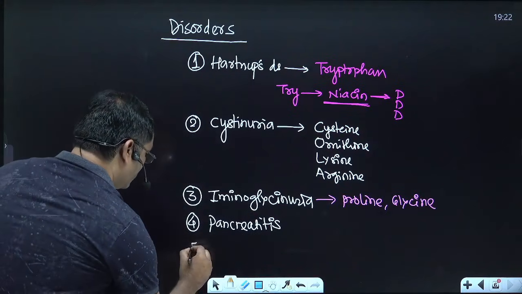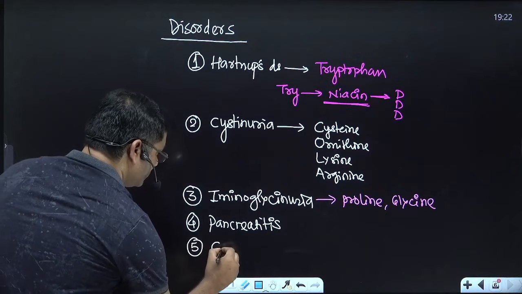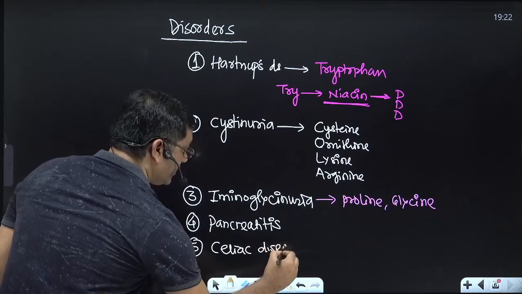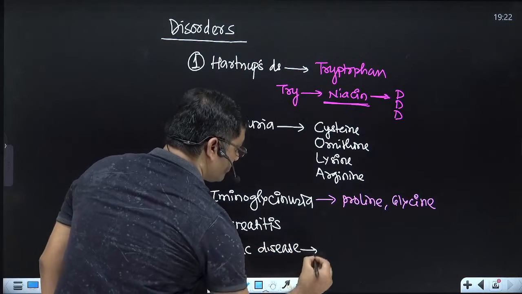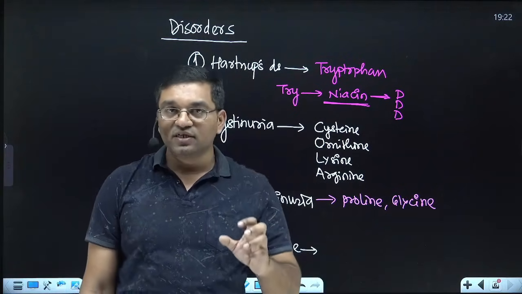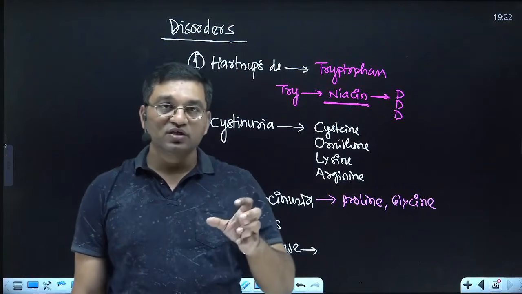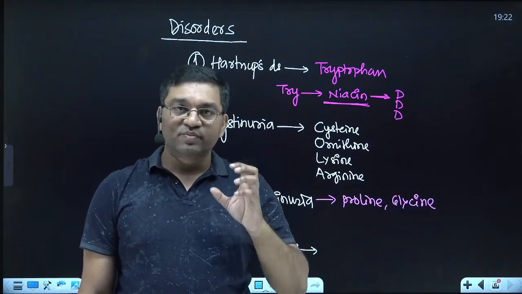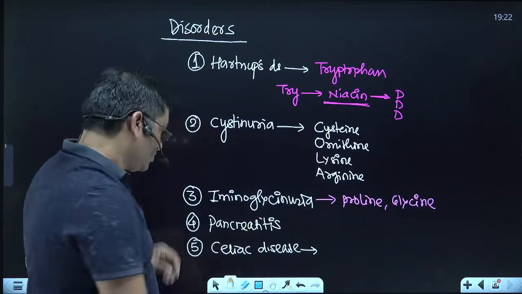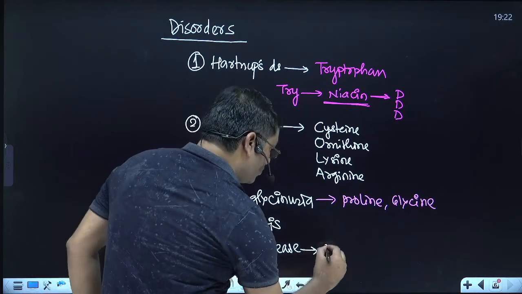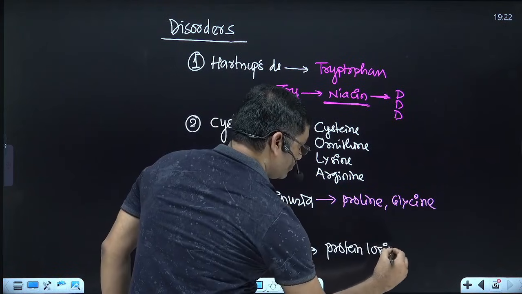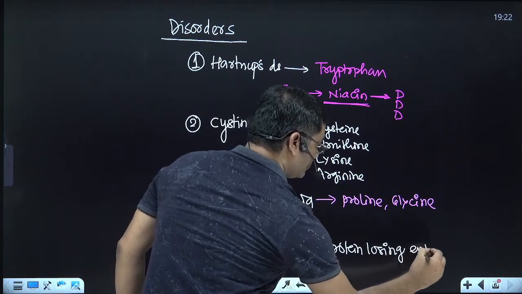And the fifth one is celiac disease, also known as protein losing enteropathy.